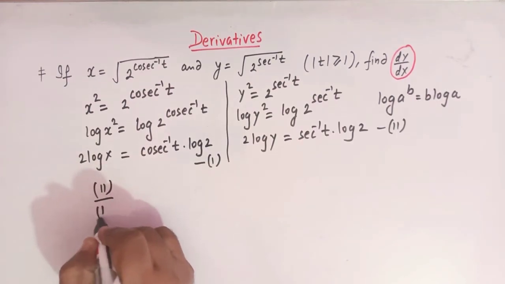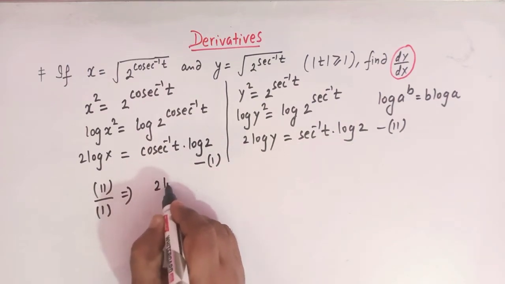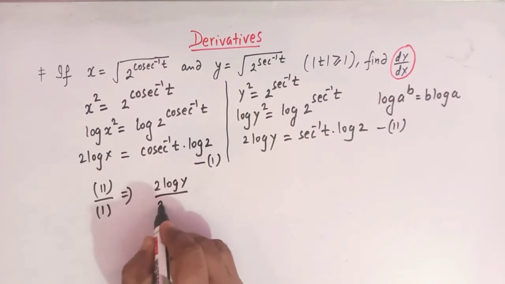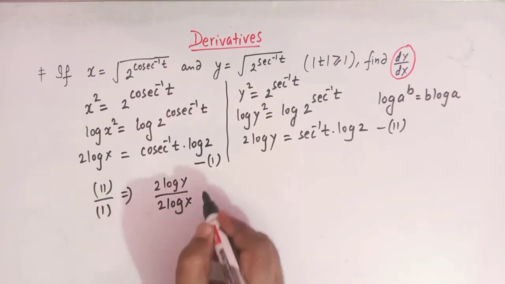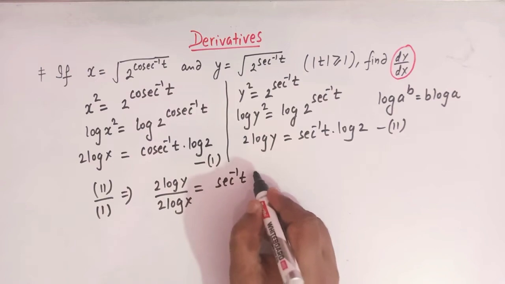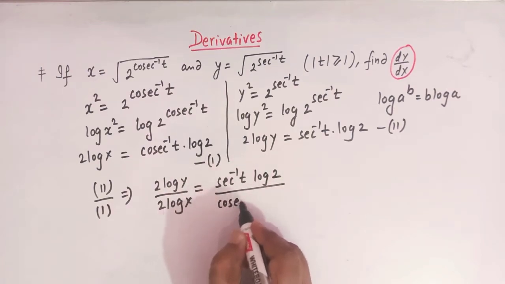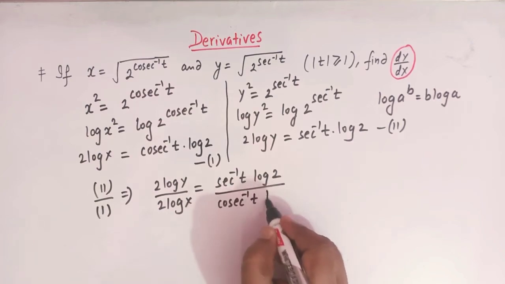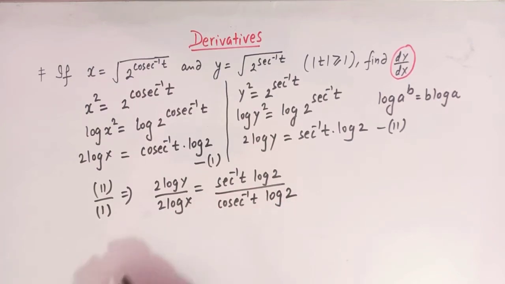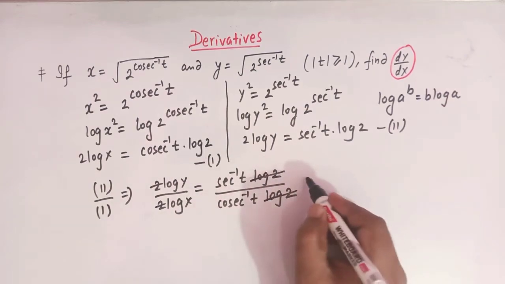So what we will get is 2 log y divided by 2 log x, and here we have sec inverse of t log of 2 divided by cosec inverse t and log of 2, right? So 2 and 2 get cancelled, and log 2 and log 2 get cancelled.